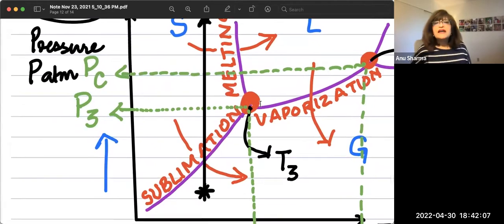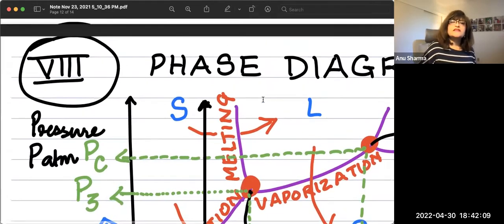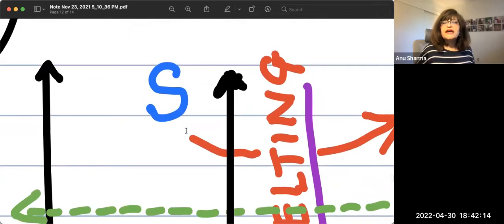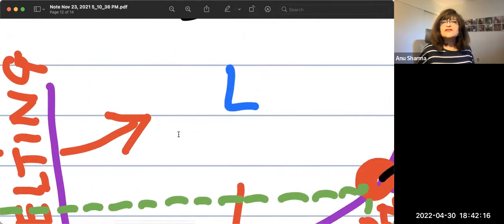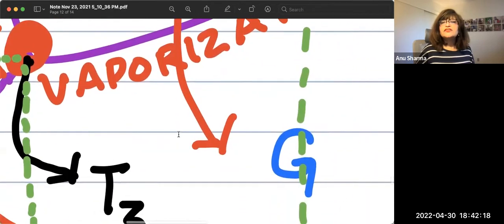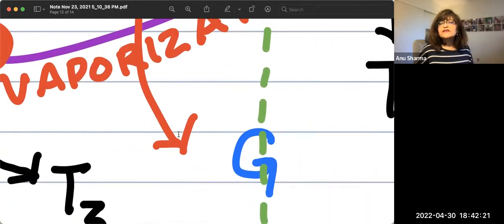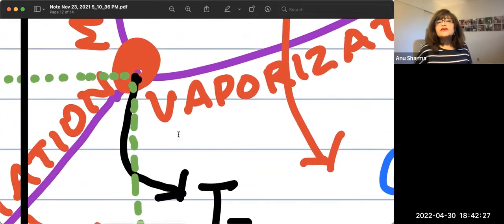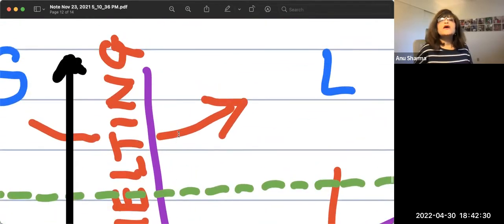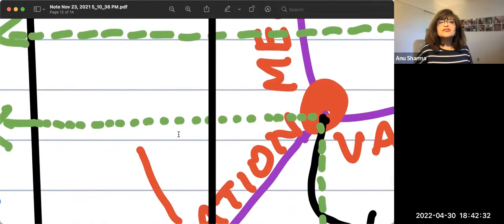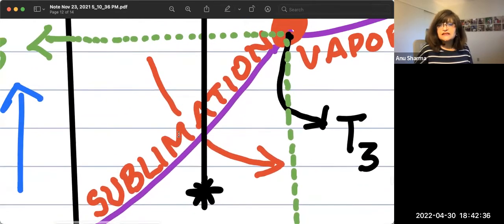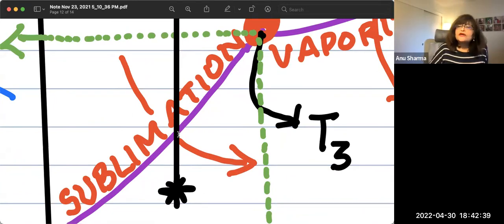That's one piece. Next, there are three parts in the phase diagram: S stands for solid, L stands for liquid, and G stands for gas. We are showing the three states in these three sections. Let's look first at solid to gaseous state.